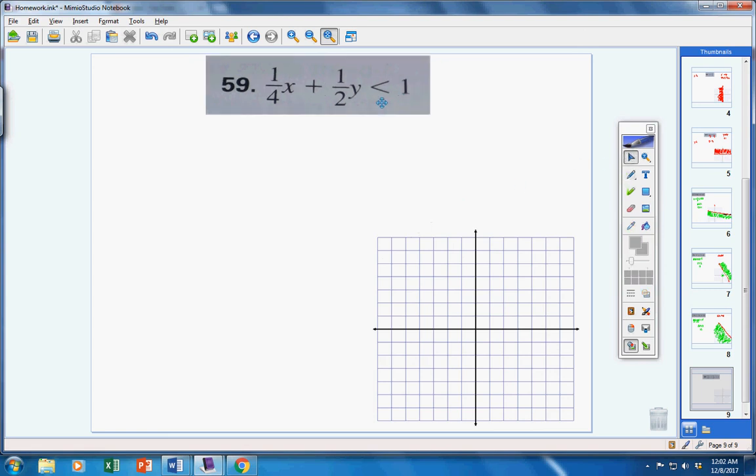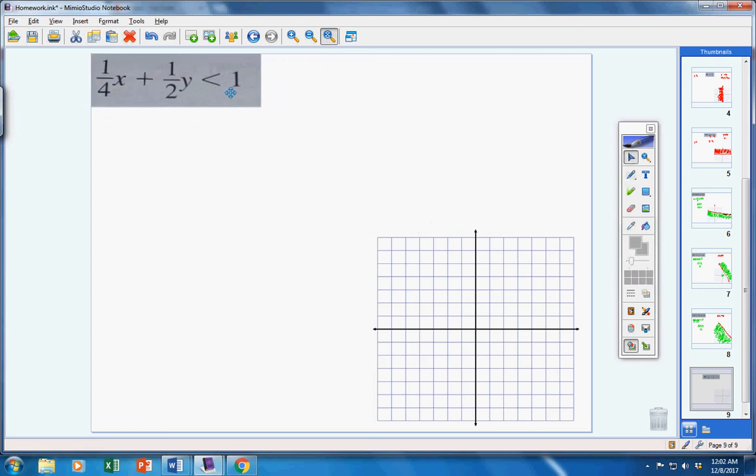Okay, here we go. First thing we notice is that we have a slanted line because we have an x and a y. Okay, so here we go. First of all, let's pretend we have an equal sign here. There we go. Sorry for yawning.